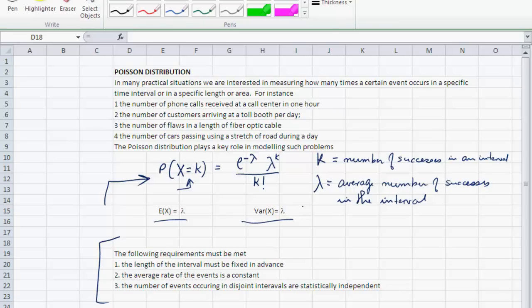So if you want to be able to service a high number of calls, let's say you want to achieve 90% service rates, then you want to have enough staff on hand so that you can handle the calls, a high number of calls that will be arriving within that 90% likelihood. So these calculations using the Poisson distribution are very useful for counting, provided of course these three conditions that we have listed at the bottom are met.